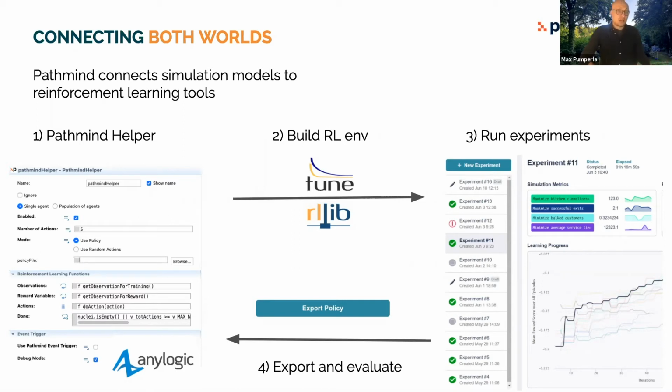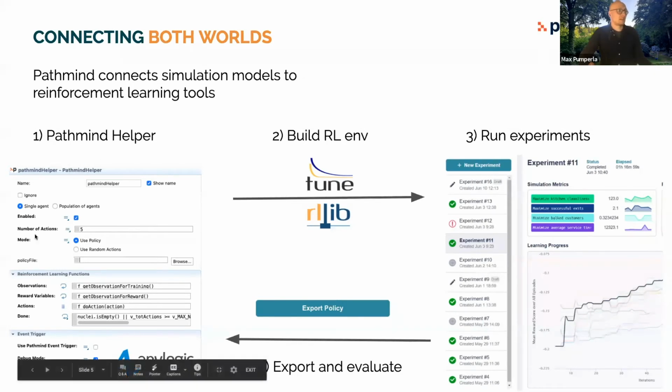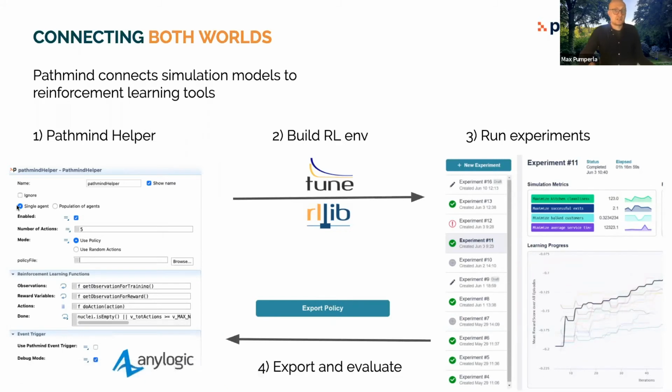So first, if you have an existing model, like the factory puzzle we talked about, implemented in AnyLogic, you can add a plugin called Pathmind Helper. And you see Pathmind Helper here on the left of the screen, right? And that's the first step. And if you look at this closely, you will see familiar patterns there, right? So for instance, you can define observations and reward variables, actions, and done conditions.